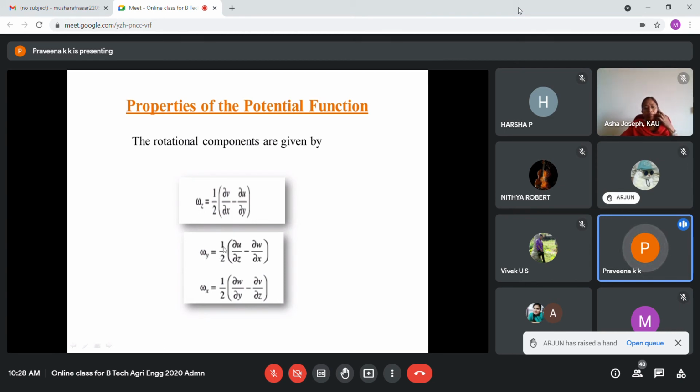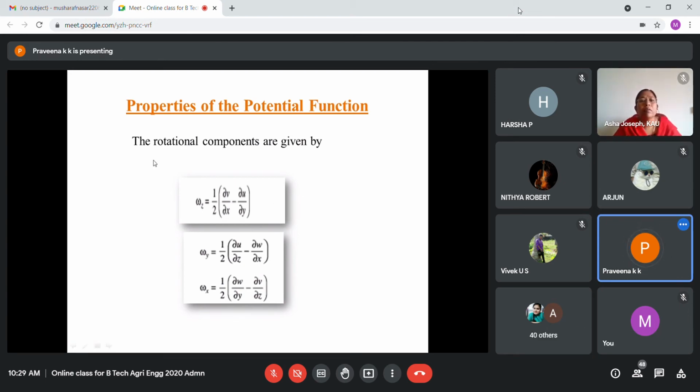Then omega y equals 1 by 2 of dou u by dou z minus dou w by dou x. Then omega x equals 1 by 2 of dou w by dou y minus dou v by dou z. So while writing a potential function, the rotational components can be written like this.